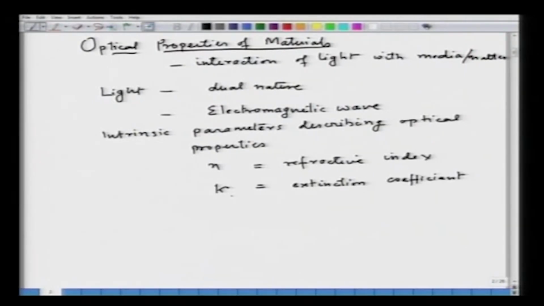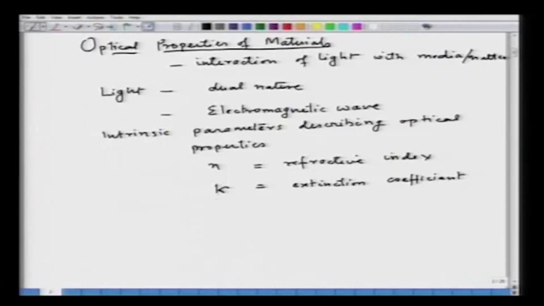Remember, we have used this parameter K earlier for wave vector of electron, and that is why I have designed this particular K, which is extinction coefficient, with slight tilde on the top, so that we can distinguish between the two parameters.